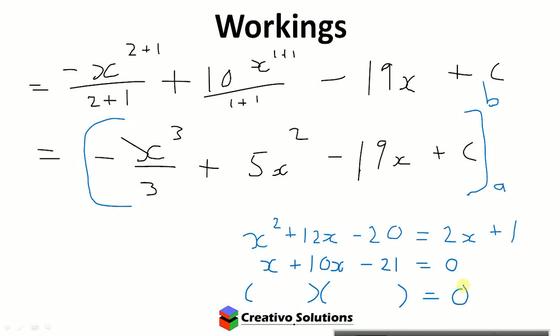It's always the factors of the last one. And then these numbers add to give you that and multiply to give you that, to get the middle.